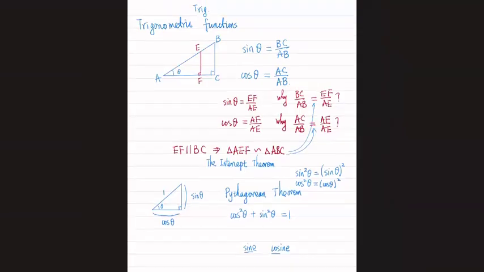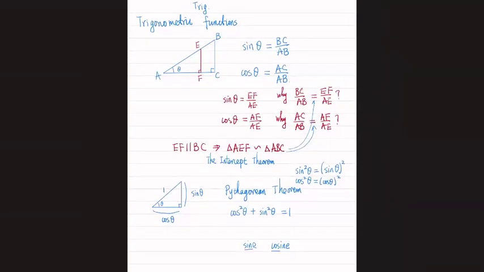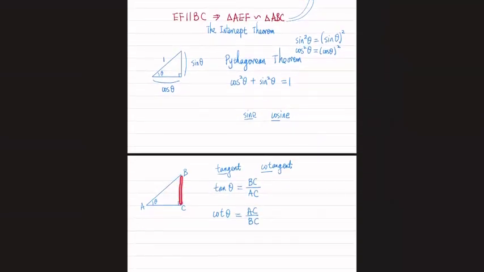So sine is the ratio between the side facing the angle over the hypotenuse. However, tangent is the ratio with the adjacent side.